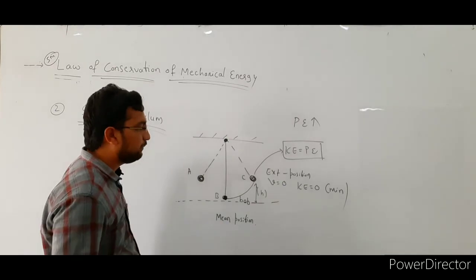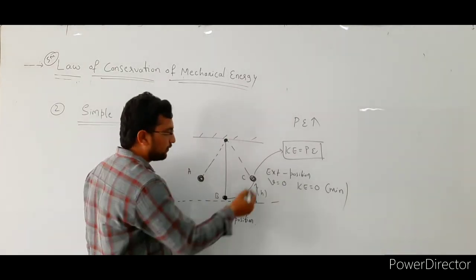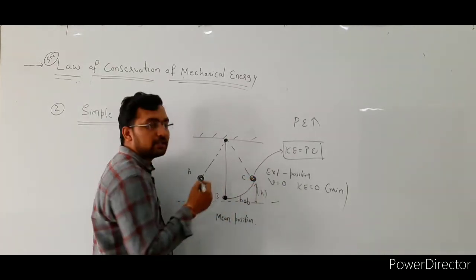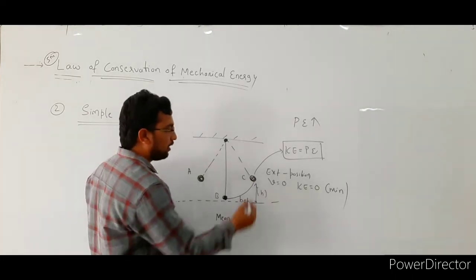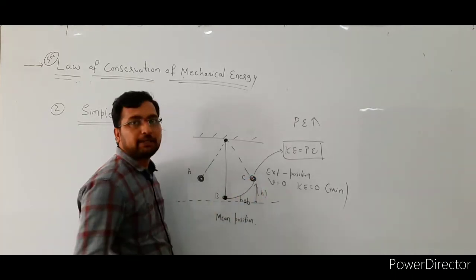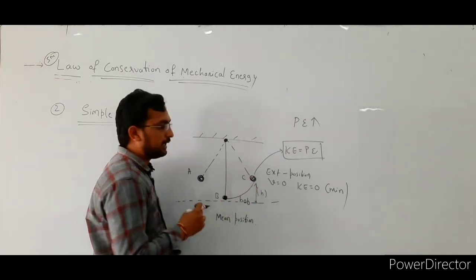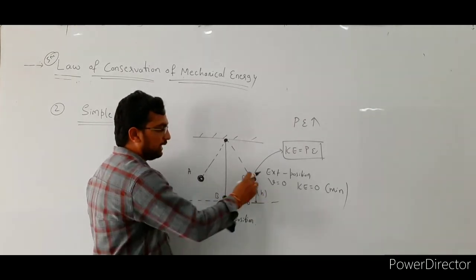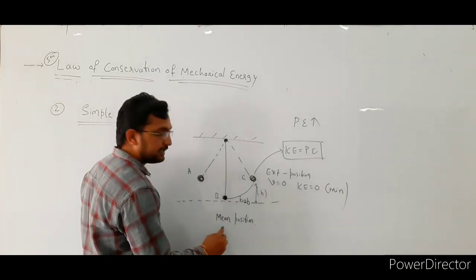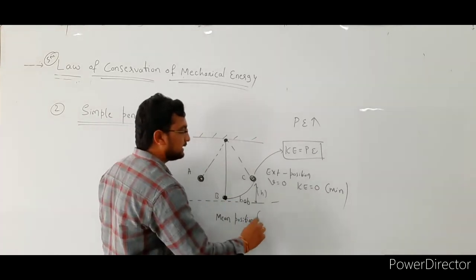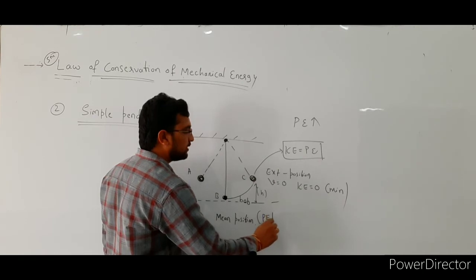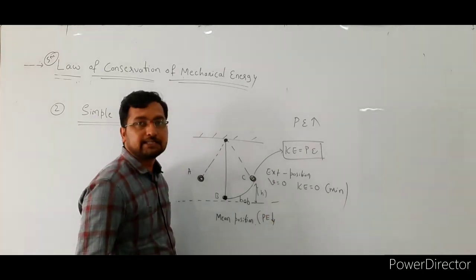Similarly, when the bob is moving from the extreme position towards the mean position, or from point C to point B, the height of the bob with respect to the ground decreases. If the height decreases, the potential energy decreases.